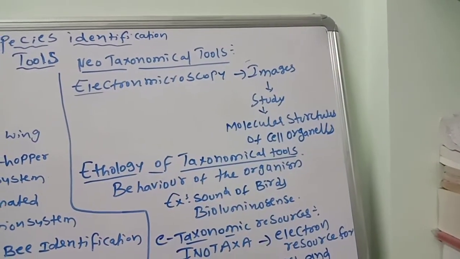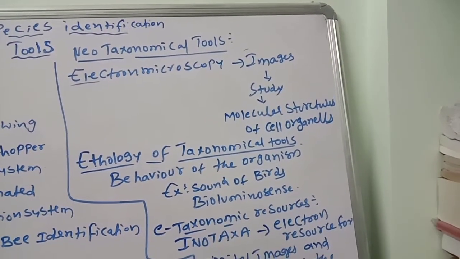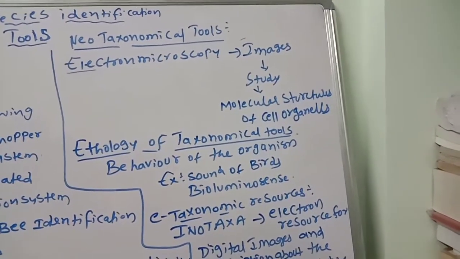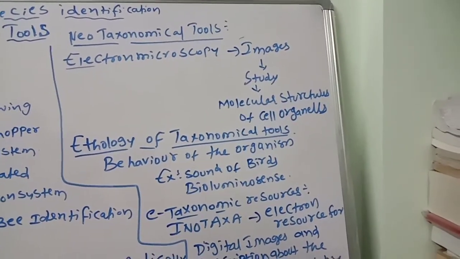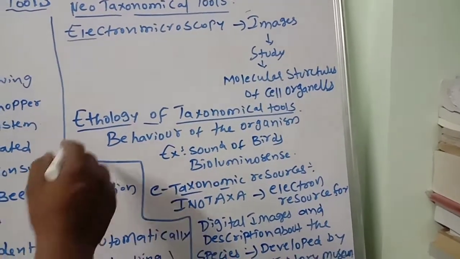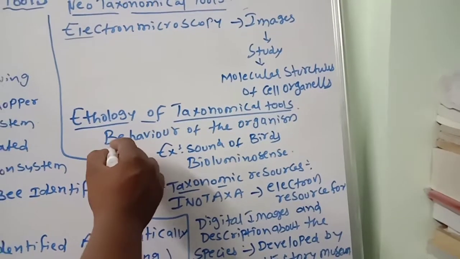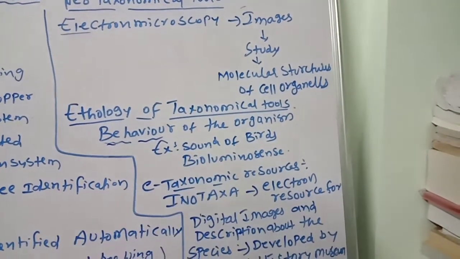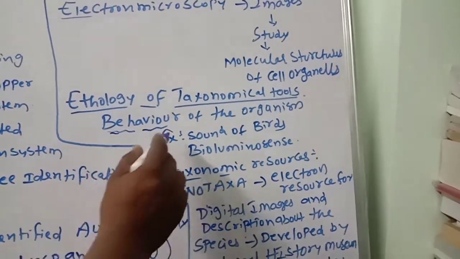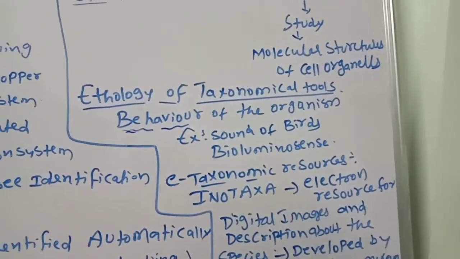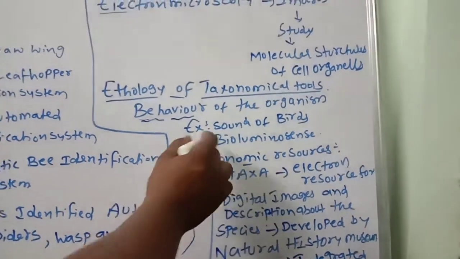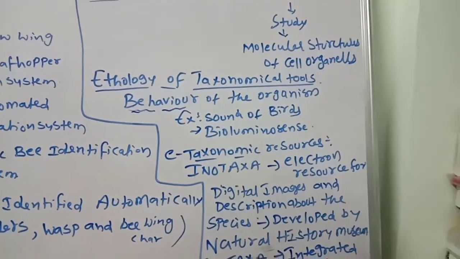Those images are helpful for the study of molecular structures and cell organelles, and we can differentiate what is what. Then ethology of taxonomical tools: behavior of the organism. Based upon behavior we can divide the species, like sounds of birds. Based upon the sound of a bird, we separate one particular bird. Which bird is that? Bioluminescence, emission of light.